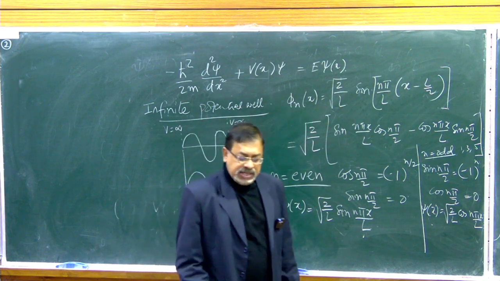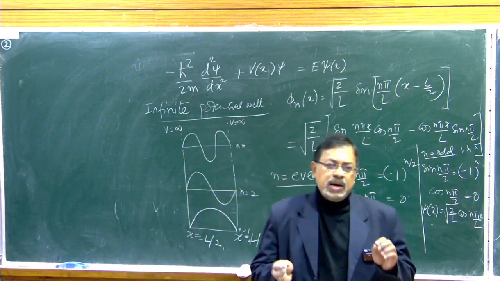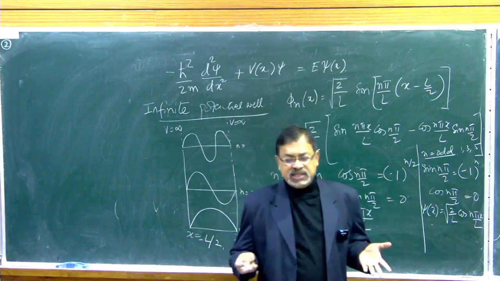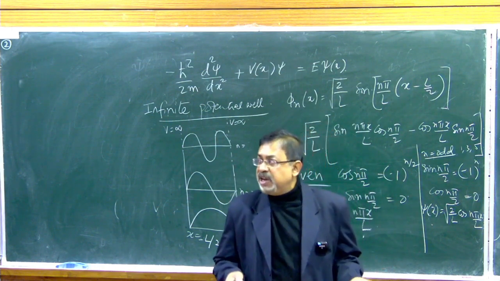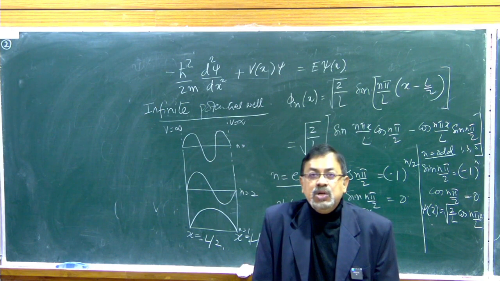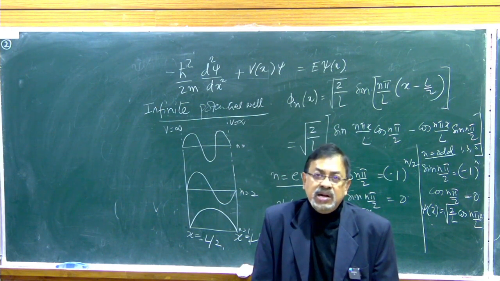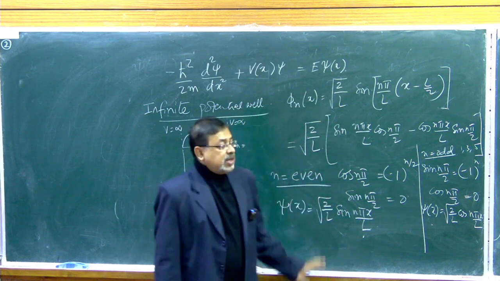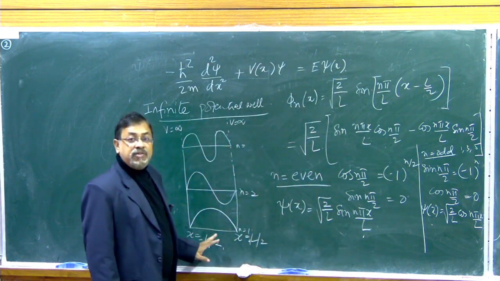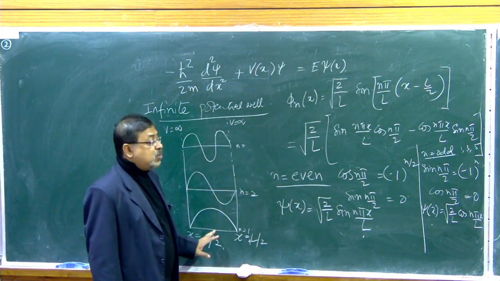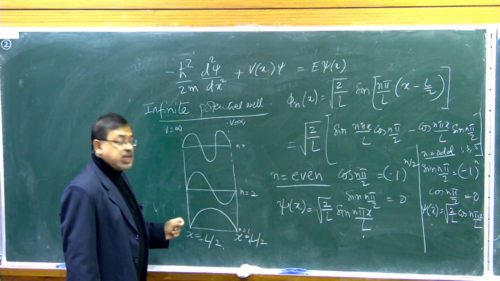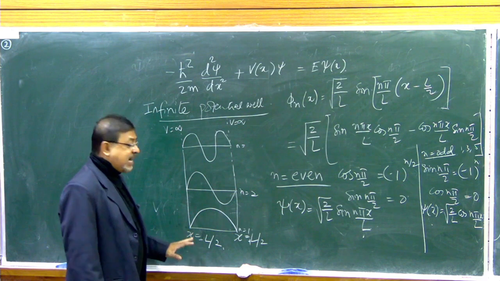Now this gives rise to a concept called parity, which is what I said yesterday, the inversion symmetry. As you stand in front of a mirror, your left hand becomes right hand and vice versa. So this problem from minus L by 2 to plus L by 2 has this additional characteristic called parity.